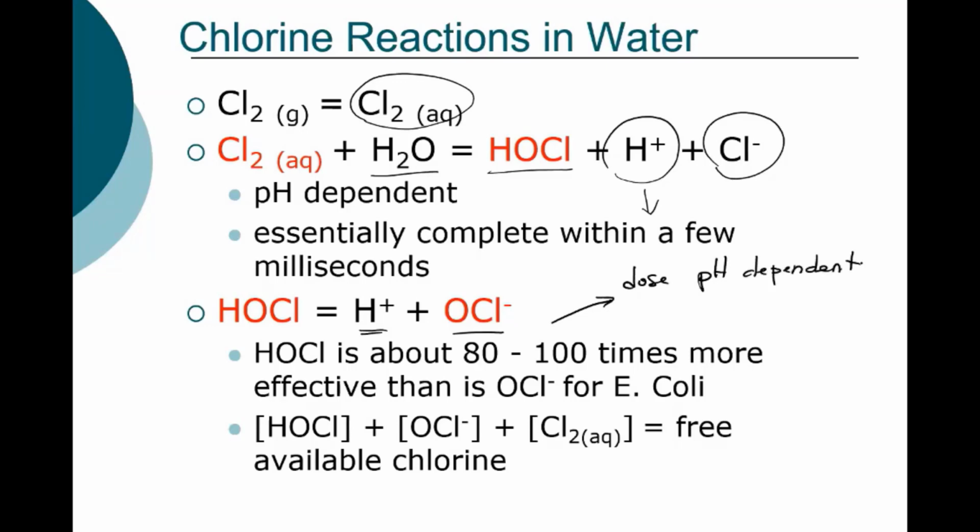In order to get the same level of treatment, we're going to need more chlorine added at a higher pH. We talk about free available chlorine, and that is the sum of hypochlorous acid, hypochlorite, and aqueous chlorine.